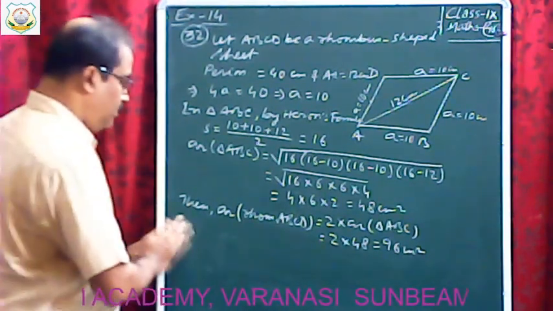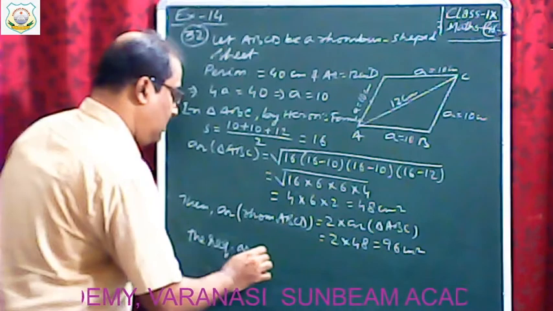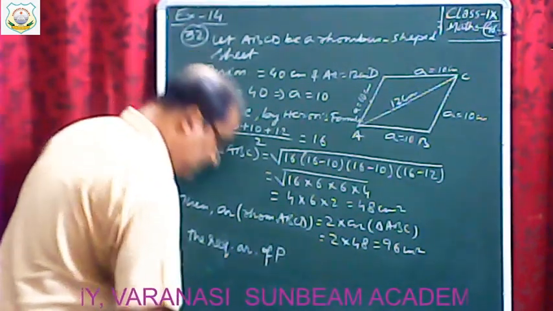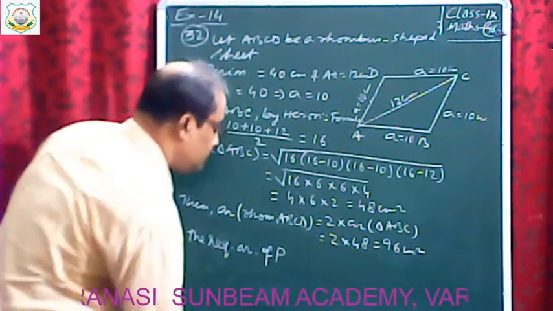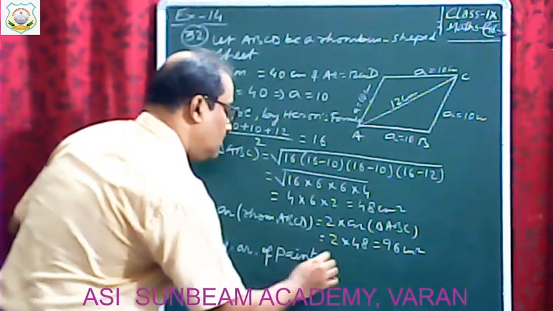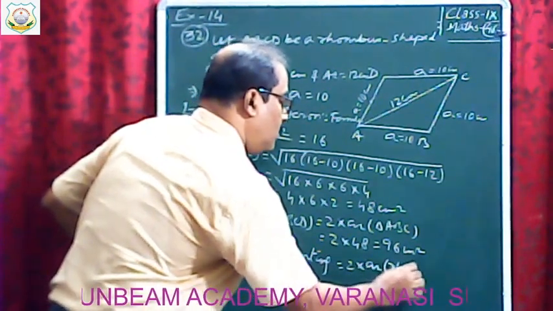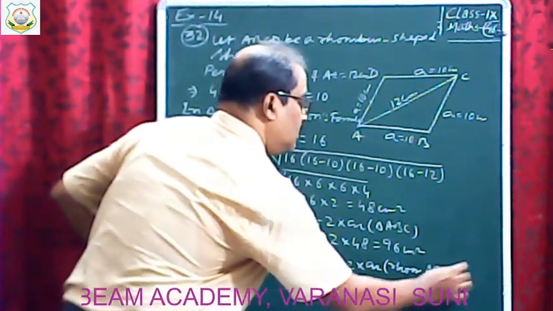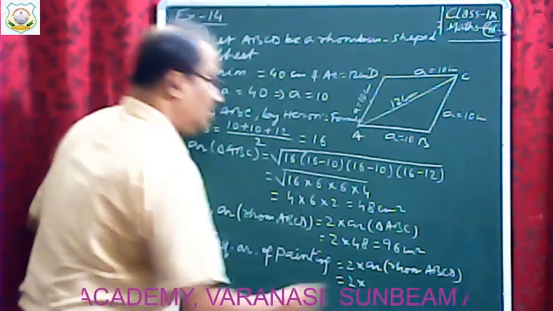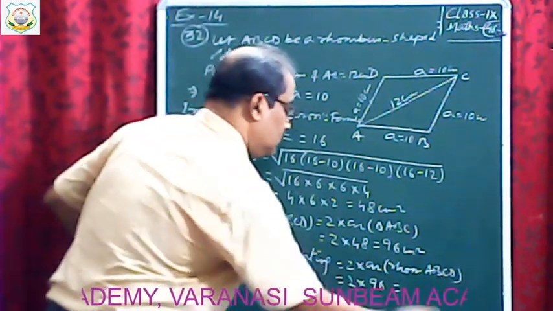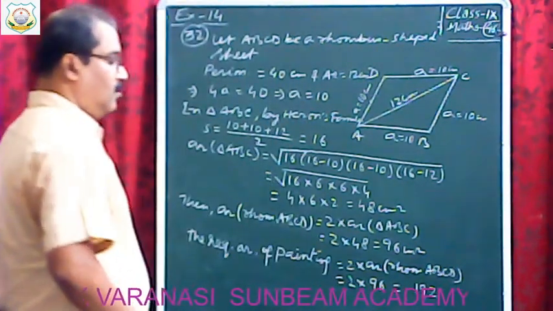So the required area of printing is equal to 2 into area of rhombus ABCD. So 2 into 96, okay, 192.